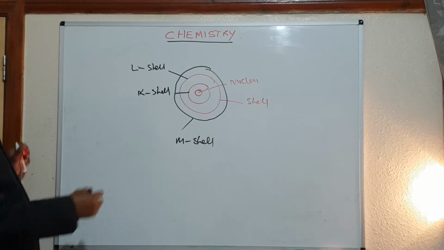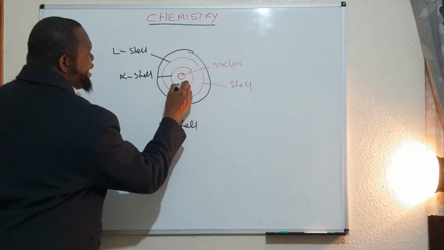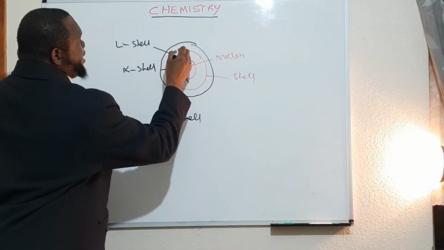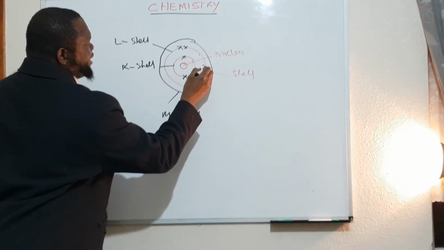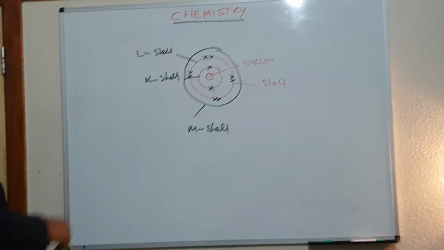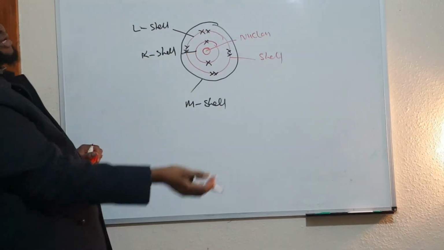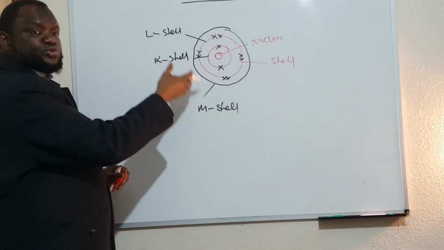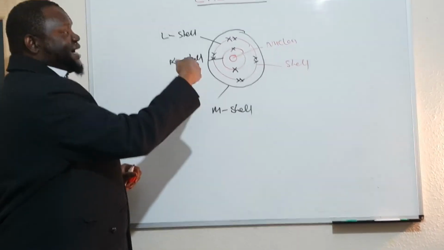The first shell can take only 2 electrons. The next one can take a maximum of 8, not more than 8. You can take 1, 2, 3, up to 8, but you cannot take 9.